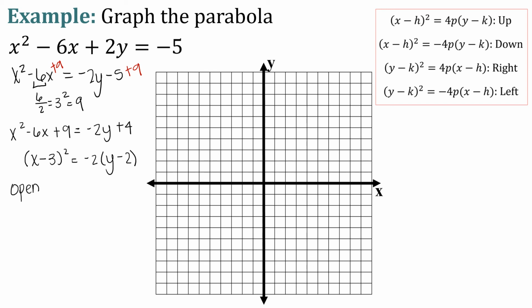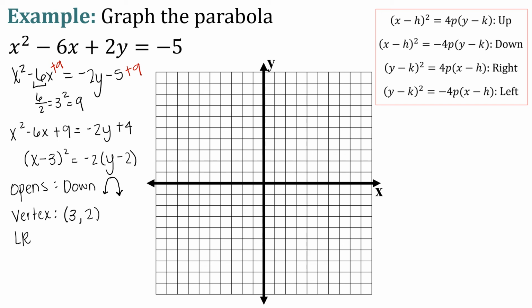My x is being squared, and I see that my latus rectum is negative. Therefore, I know that this is going to open down. So I can go ahead and sketch that it's opening down. My vertex, the number paired with my x is -3, so it's 3 as my vertex. The number paired with my y is -2, so it's a +2 as my vertex.